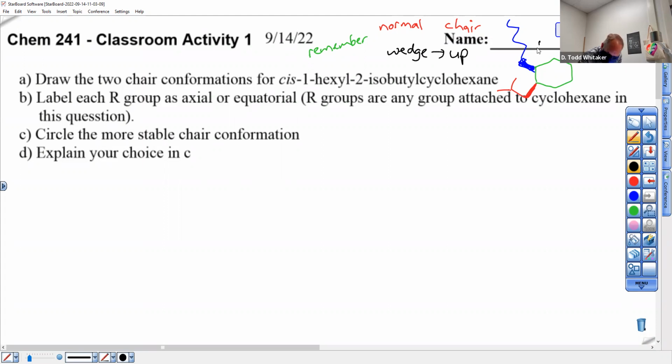We did a normal drawing right here. Wedge is up. So in a chair, I'm going to draw these bonds both up. Can you remember that? And a dash in the normal would result in, you probably guessed it, a down bond. Okay, that's just set up.